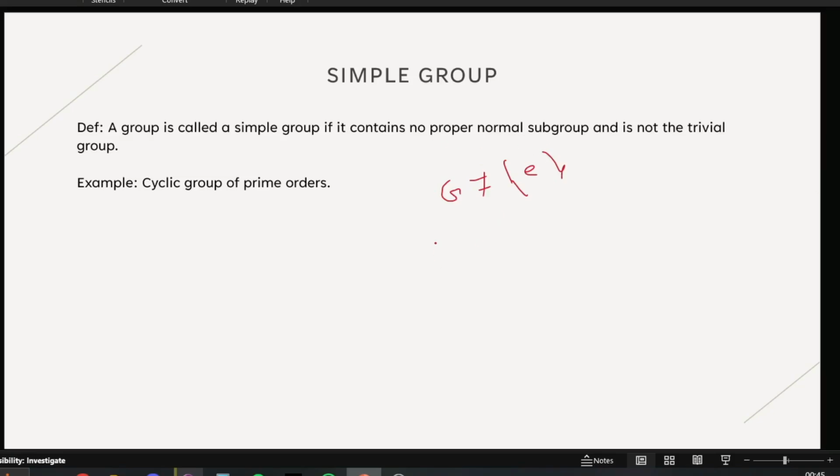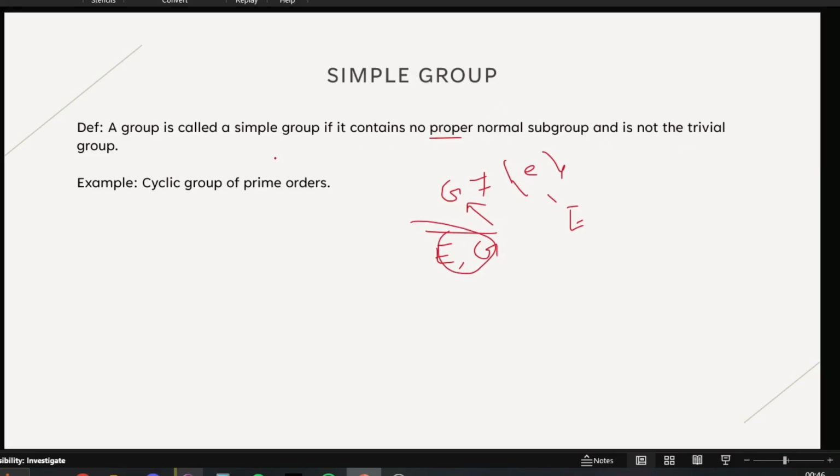If we remember, G always contains 2 normal subgroups. If I consider the identity as capital E, then G will always have E and G itself as normal subgroups. These 2 groups will always be normal, but we have to look only at the proper subgroups.